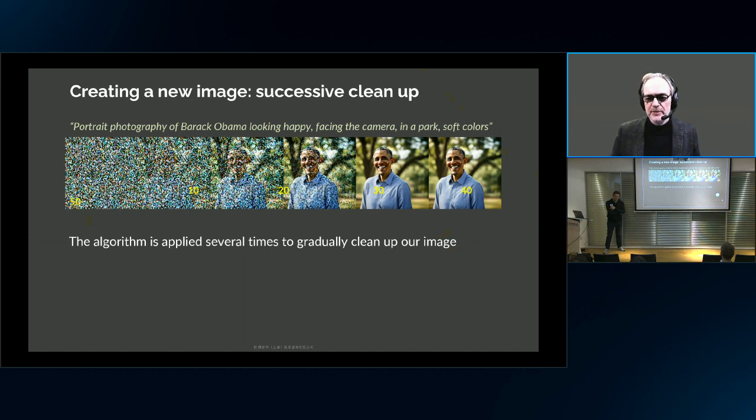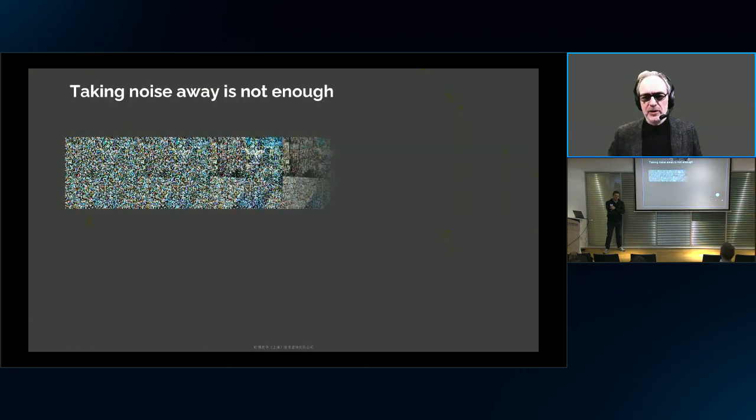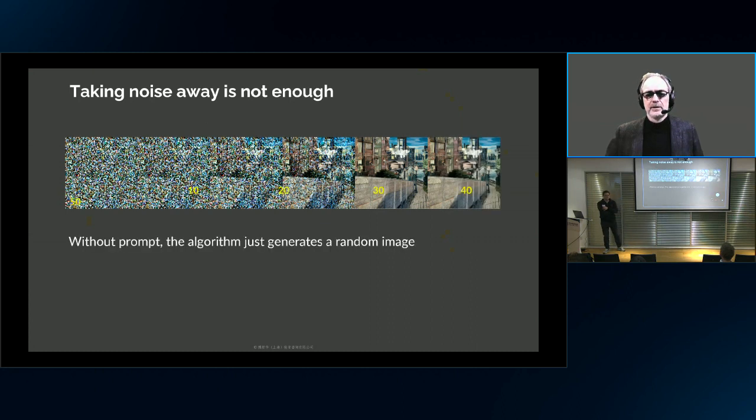But the question now is, we saw that the prompt is very important, so where does the prompt come into this? Let's see what happens if we don't have a prompt. The same model starts from the same random image, a lot of noise, and it ends up with a random image, which is cleaner.